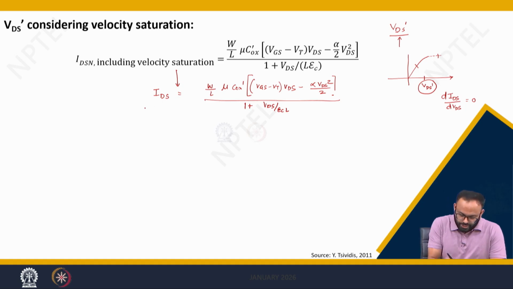Now, let us do the differentiation, dId by dVds, and equate it to 0.